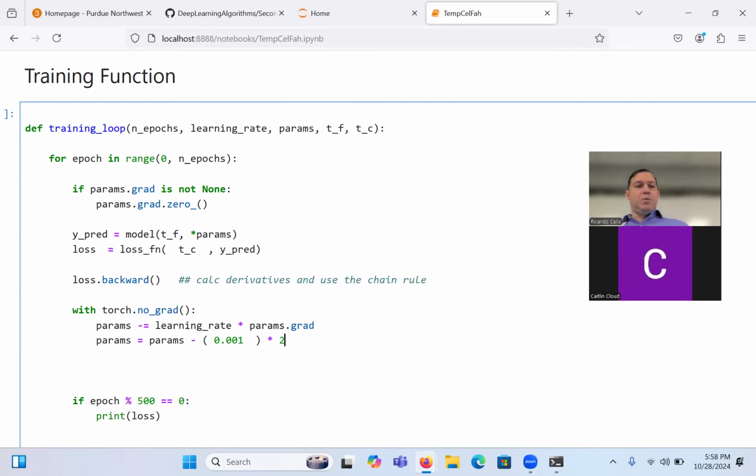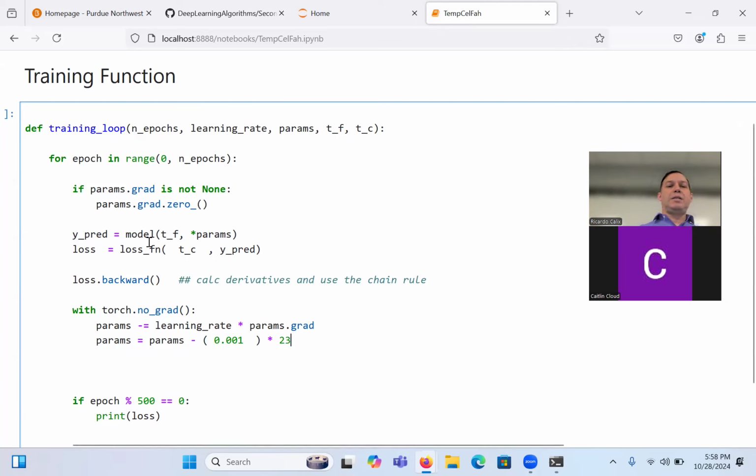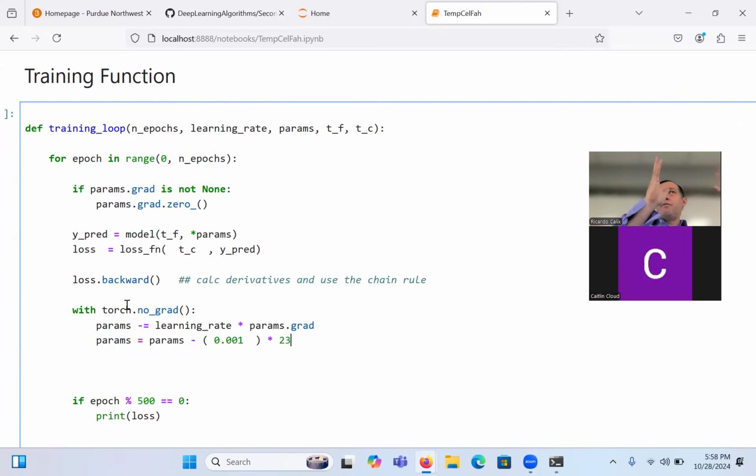Let's say this is 23, something. But you get that every time with respect to this equation that you take this backward calculation. So you go through the function to the derivative function, and then you get the value of it.